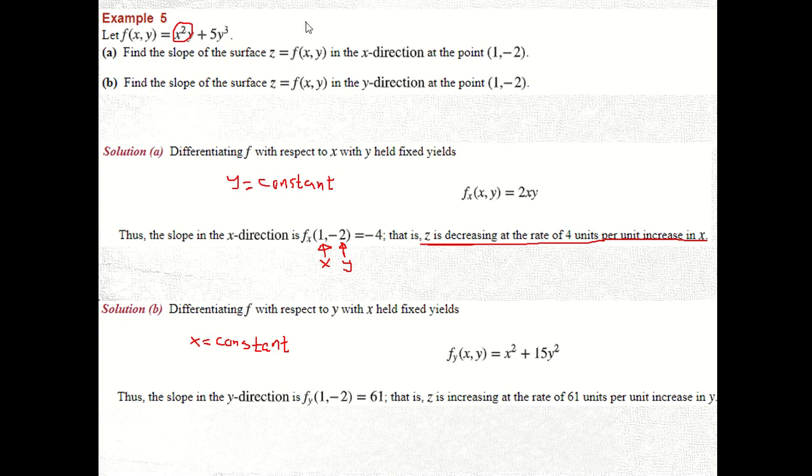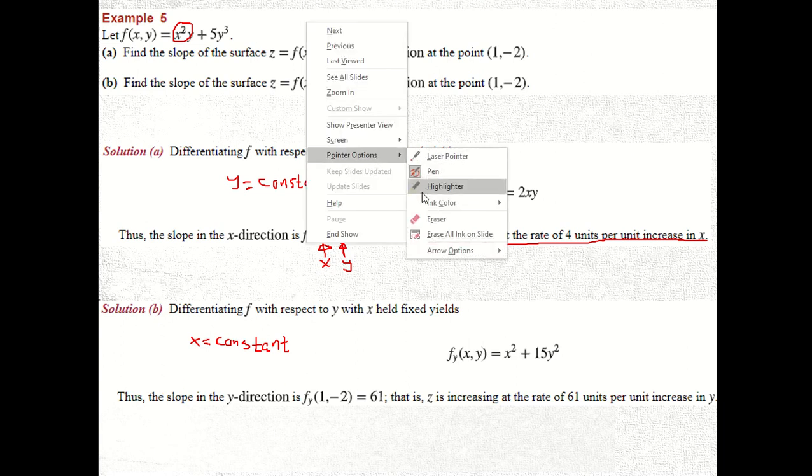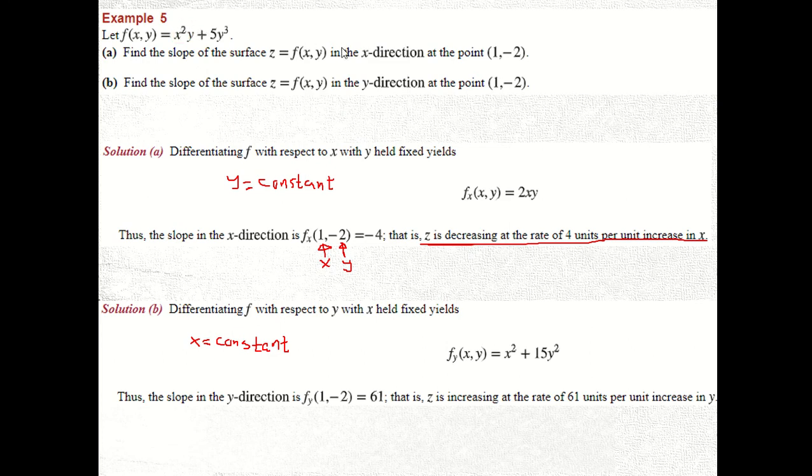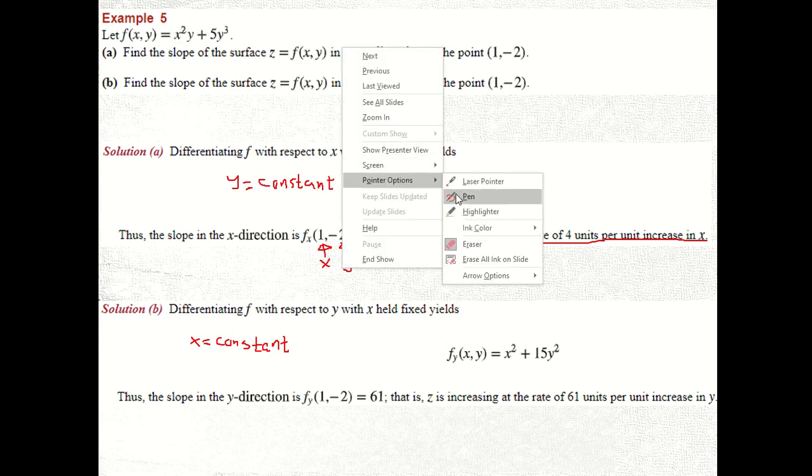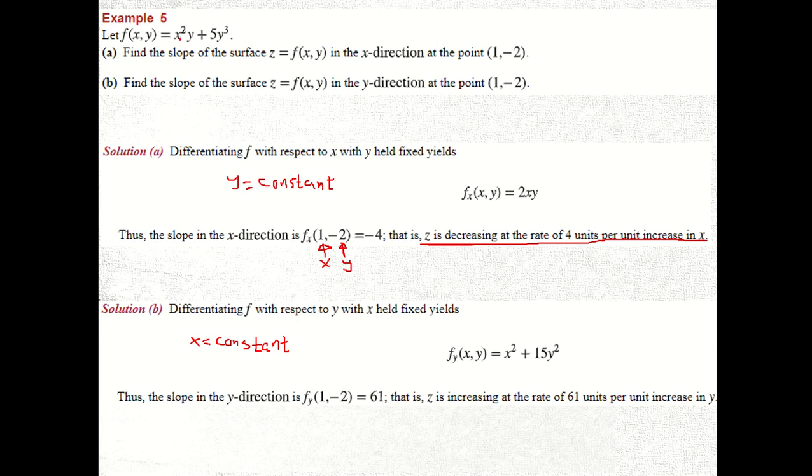We're always referring to the given function, class. Since x is constant, we differentiate the y. For our first term, the derivative of y with respect to y is equal to 1, and 1 times x squared gives us x squared for the first term.